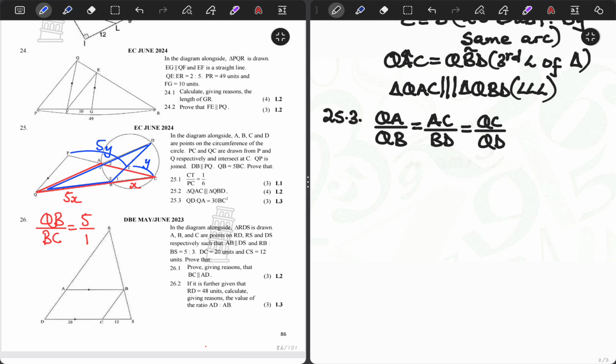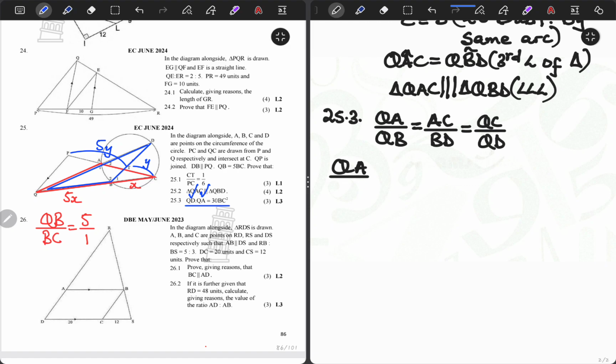According to the question, so far what we have is QD and QA, so we're going to use this one.